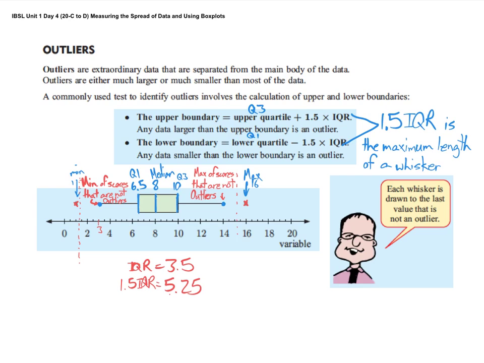Oh wait, you did 3 minus the 5.125? No, you're not going to do 3 minus. Remember I said this is the maximum length of a whisker. The whiskers start at the Q1 and the Q3, right? So you would have to subtract from the Q1. That's where we got the 1.25. 6.5 minus 5.25 is the 1.25. That's that dotted line. Okay, makes sense.